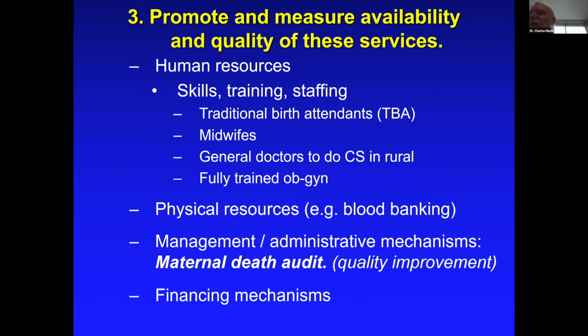Physical resources, a big emphasis on promoting minimal but adequate blood banking, even in small hospitals. And then things that are less what you might call sexy and interesting for surgeons, but things like management and administrative mechanisms, such as maternal death audits as a quality improvement method to monitor and decrease preventable maternal deaths.